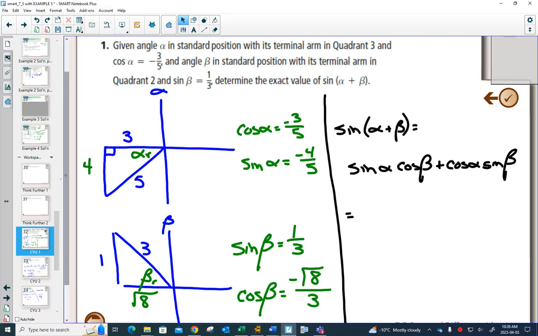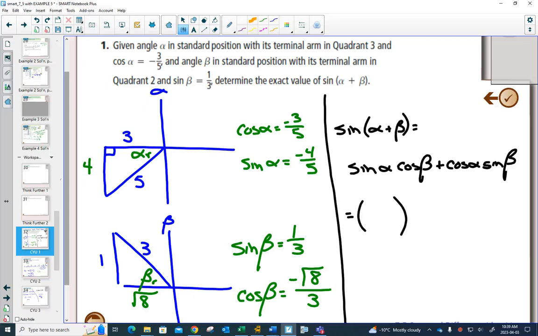First of all, the correct way to do it, I will do here in black first, and then I'll show the incorrect way underneath in red, and then erase it, okay? The correct way is, you do not know what alpha is. Nowhere, anywhere have you figured out what alpha is. But from the alpha triangle, we did figure out what sine of alpha is.